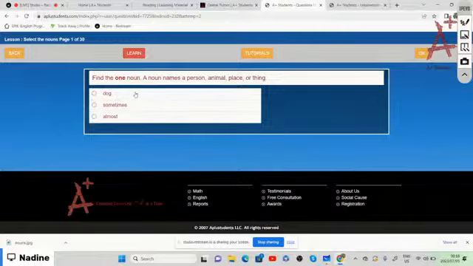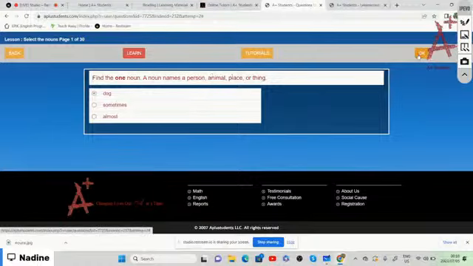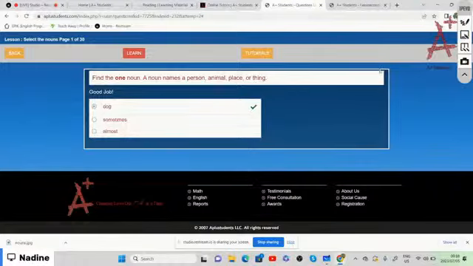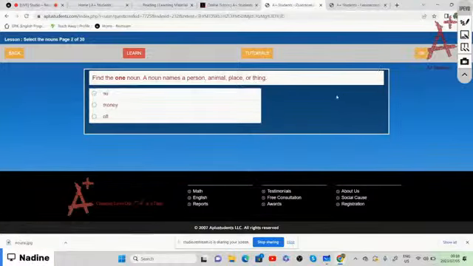All right, so a dog. A dog is an animal. So we chose the dog, which is an animal. If you chose the dog as an animal, then that is correct. We need to find one noun in the second one: money, off.